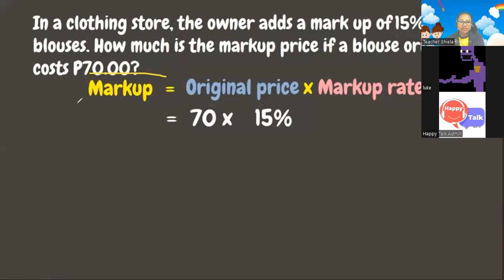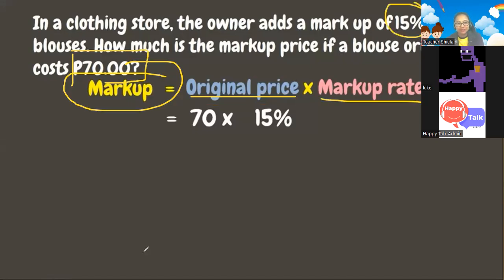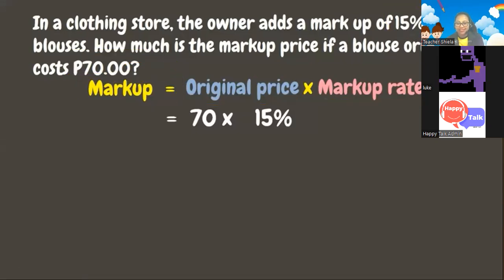So in order for us to get the markup, we have to multiply the original price, which is 70 pesos, by the markup rate, which is 15%. Okay? So what would be the answer? Wait, it's okay.